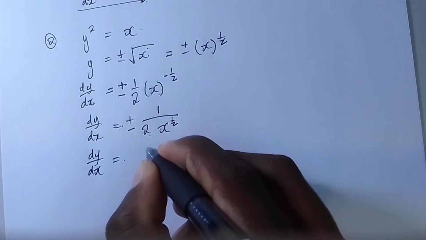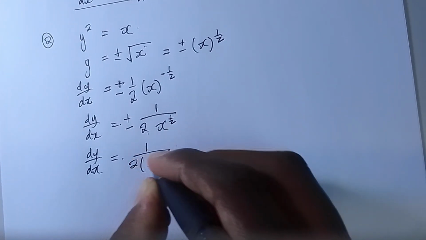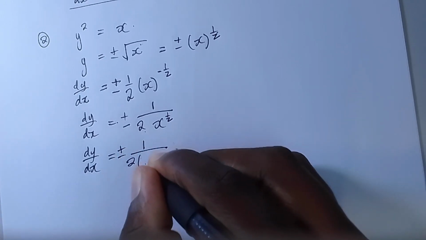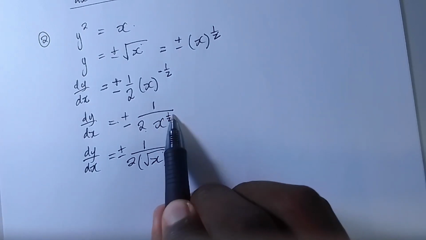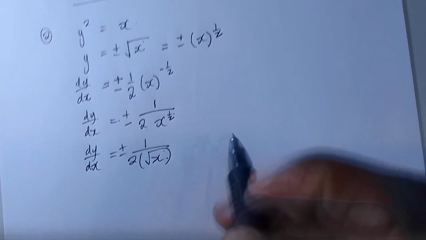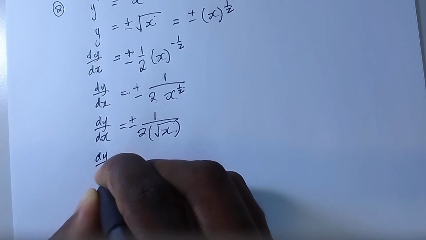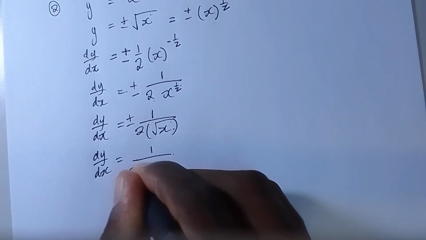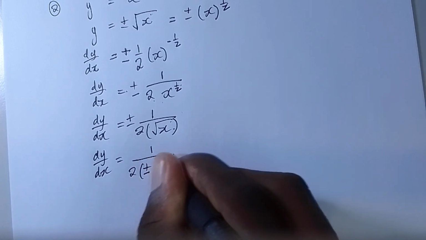Firstly, I'm going to say 1 over 2 multiplied by plus or minus the square root of x, right? You understand how the exponent 1 over 2 can be written as the square root. And the second thing I'll do is, I'll say since we have dy/dx, this is 1 over 2 into plus or minus square root of x.